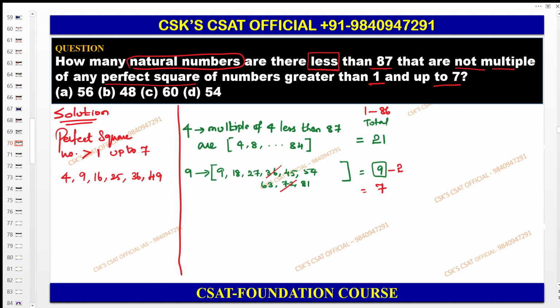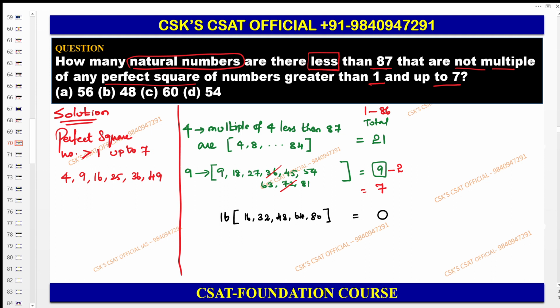Next part 16. Whatever the number present in the 16 table comes in the 4 table. Clear? If you want, you can write 16, 32, 48, 64, then 80. Everything is included in the 4 table itself. So for 16, put 0. People, understand why I am placing 0.